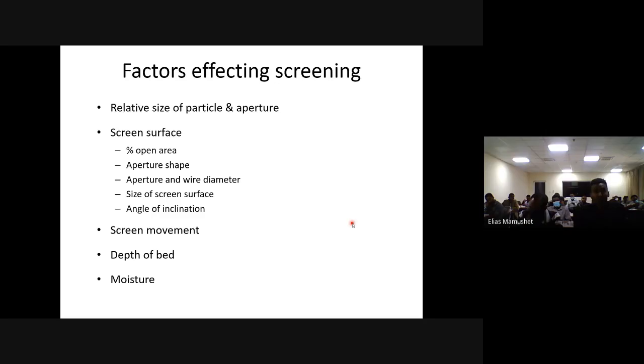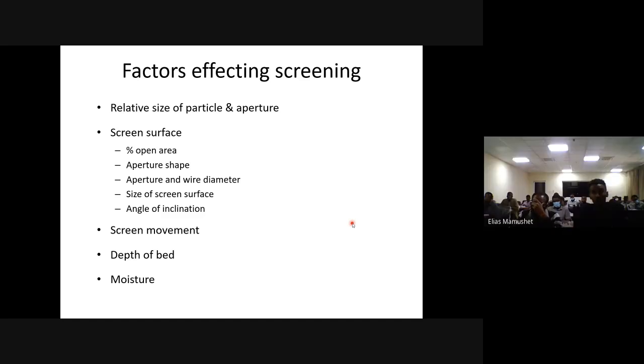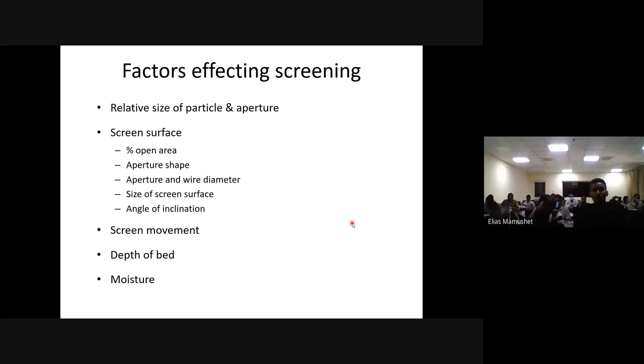My question is on the screen efficiency. When you talk about screening, it separates based on size. But there are different types of screens. Some screens may be effective at separating a larger quantity of materials, and some may be effective at separating high grade quality materials.